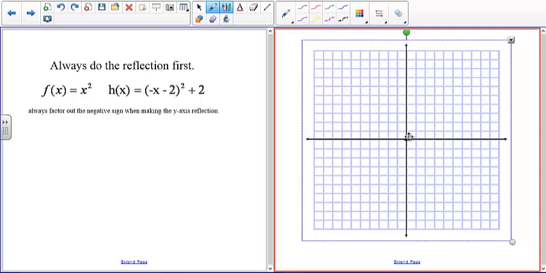The parent function is y equals x squared. So you go over 1 up 1, over 2 up 4, over 3 up 9. If you go -1 squared is positive 1, -2 squared is positive 4, -3 squared is positive 9. So that's the parent function, like that.